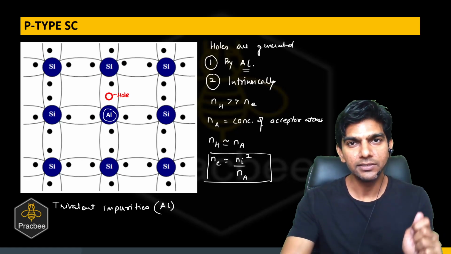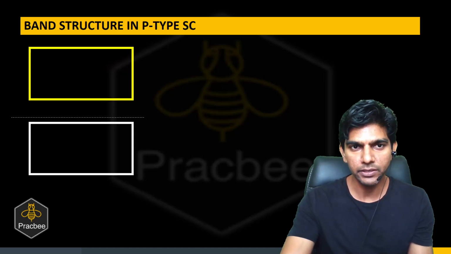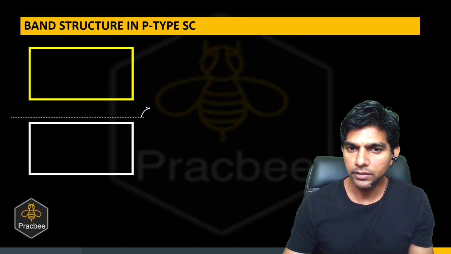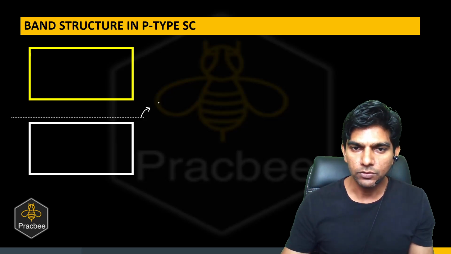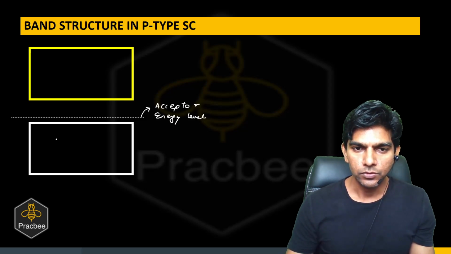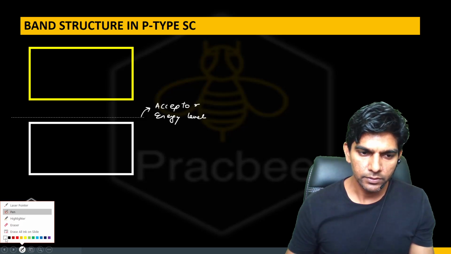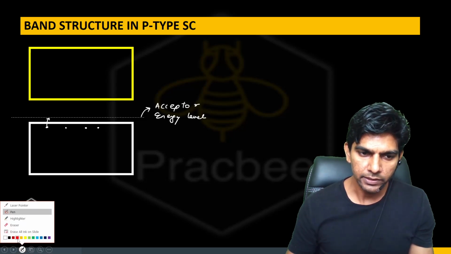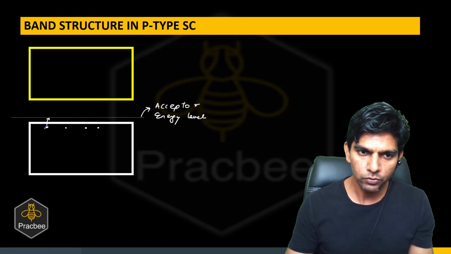Now let us see what is the band diagram for p-type semiconductor. In p-type semiconductor, we'll have another energy level created, which is known as the acceptor energy level. Suppose we have some electrons in the valence band; these electrons can easily move to this energy level, and then a hole will be created in the valence band because of this energy level.